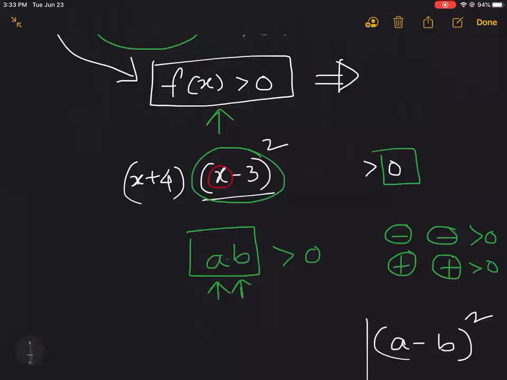At least it will be non-negative, as long as this squared sign works on it. Because whatever you take as x, this guy will always be at least non-negative. It could be 0. If you take 3 in place of x, it will be 0, but it will never be negative. Are you guys with me?